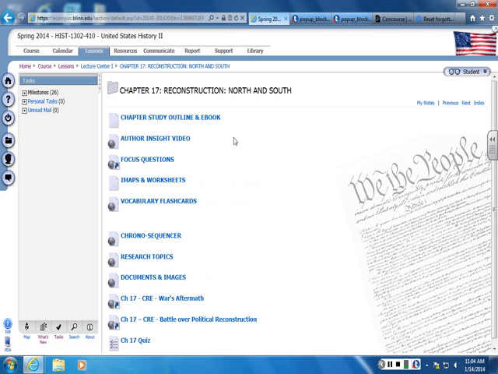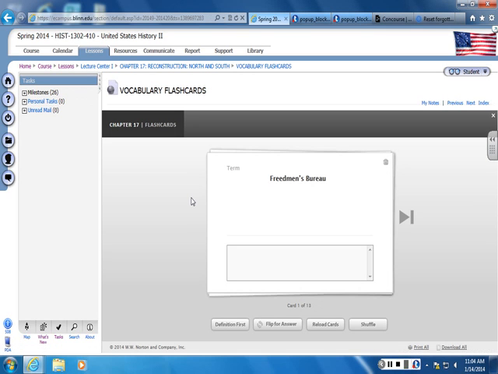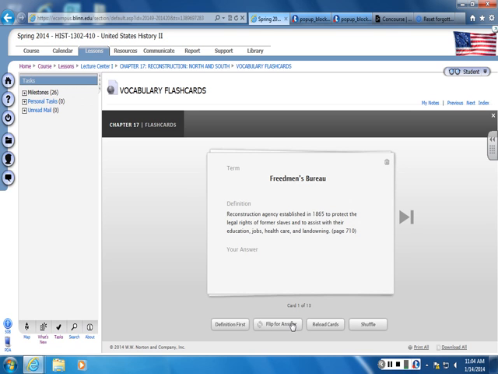Under Chapter 17, you have a whole bunch of resources that are available to you. You do not have to do any of them except for the Chapter 17 quiz. You are more than welcome to do them. They have some really neat things like vocabulary flashcards. Like, what's the Freedmen's Bureau? You put the name in, or you click for the answer to see what it is.